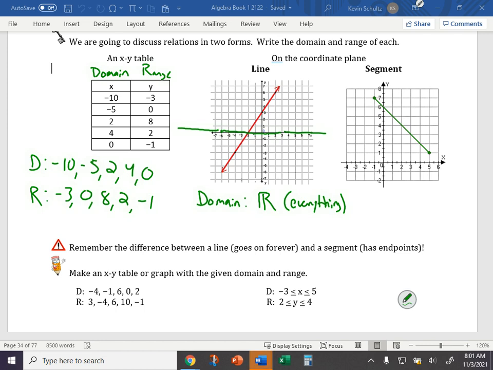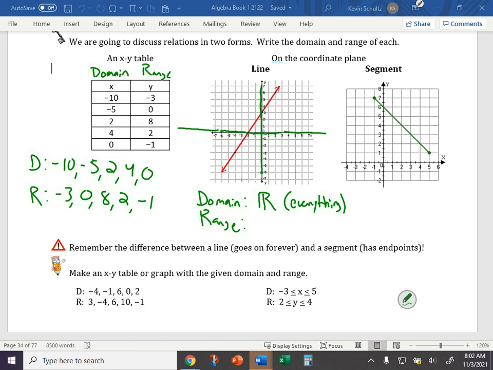Alex? Probably all would be a better word than everything. All would be better. But yes, I would know what you mean. Okay? How about the range? What y values will be included in this line? I mean, we can see this line, quote unquote, starts at, it looks like, -6 on the y-axis, and then it goes all the way up to +7.